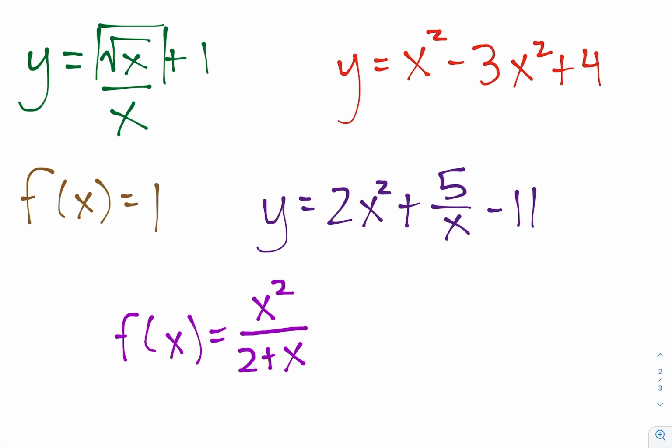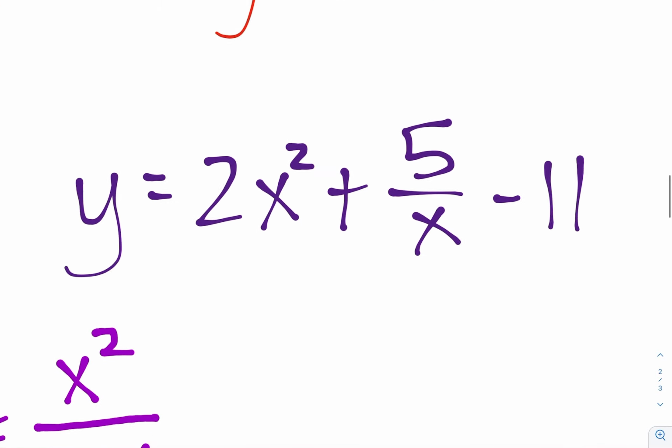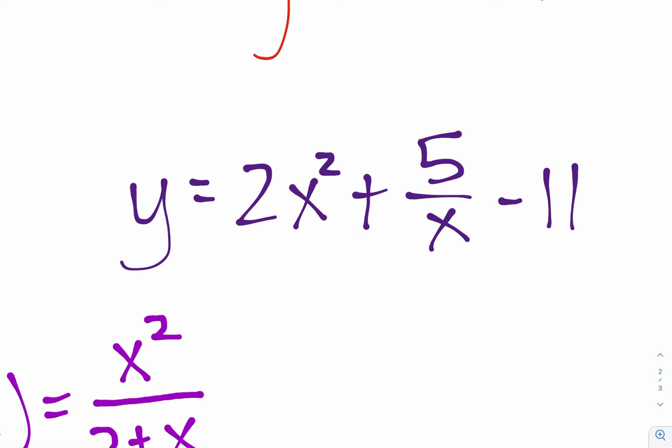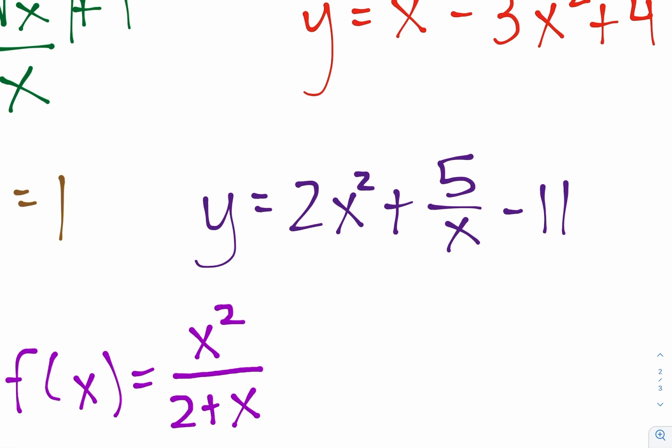So now let's move on to this one here. Y equals 2x squared plus 5 over x minus 11. At the beginning of this video, I mentioned that anytime you have your variable on the bottom of a fraction, that's a rational equation, and that's not a polynomial equation.